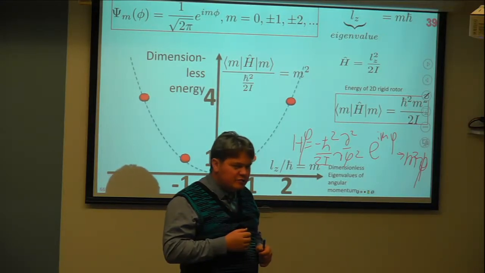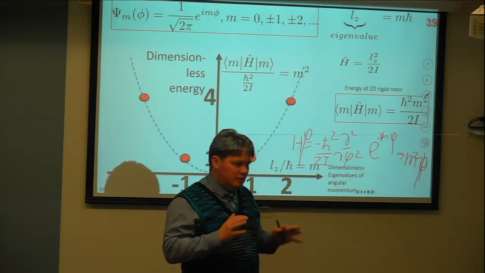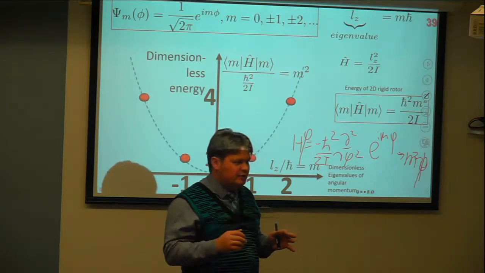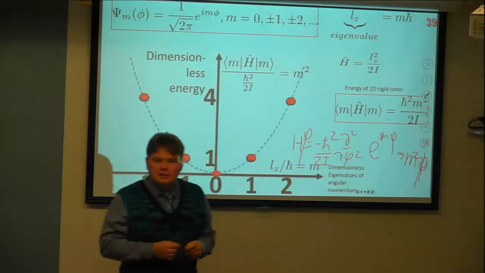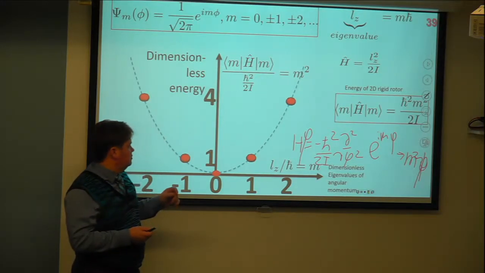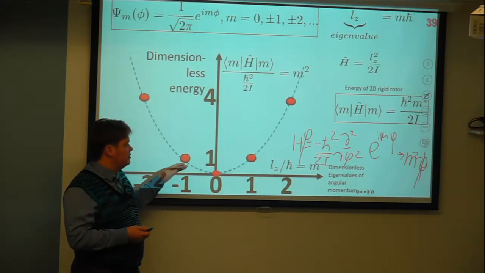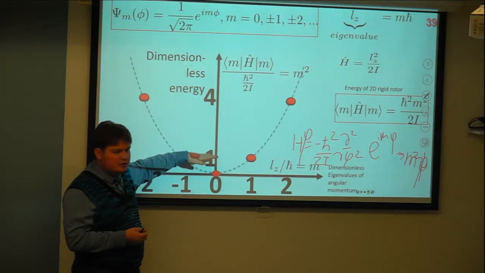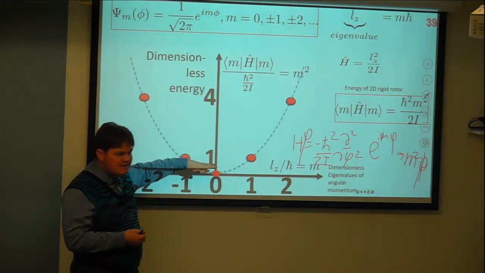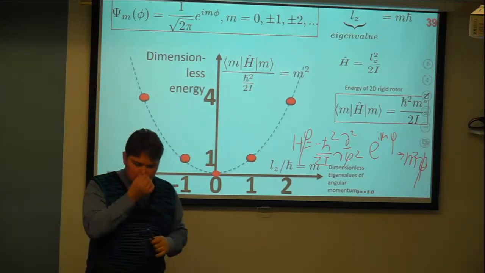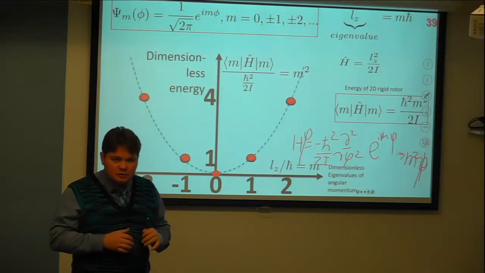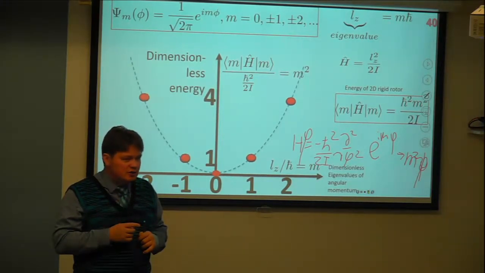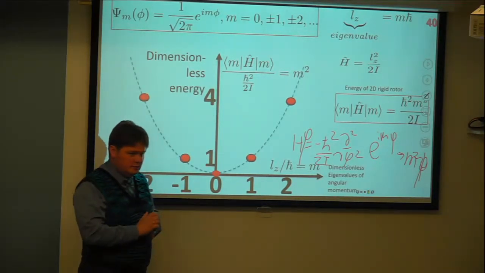There will be a big analogy. A lot of things will be similar, but it will be different. The dimensionless energies will follow a very similar trend. But the main thing that one would observe by looking at the solution for three-dimensional rotation will be degeneracy.